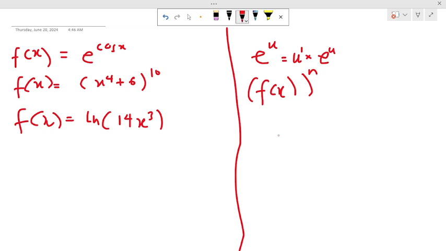What we do is that we first write n, we multiply that by the differential of f of x, and that again multiplies the original f of x. But this time, this original f of x is raised to the power n minus 1.